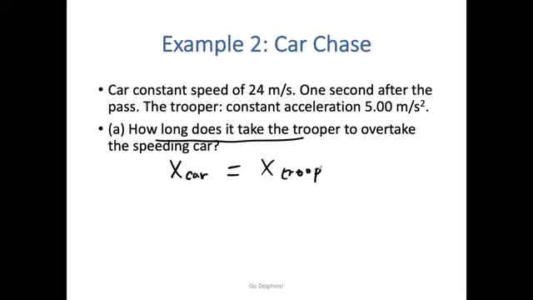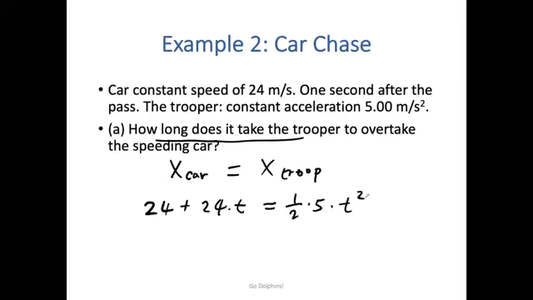Okay, so the equation gives us 24 plus 24 times t equals 1/2 times 5 times d squared. And then we just need to solve this equation.